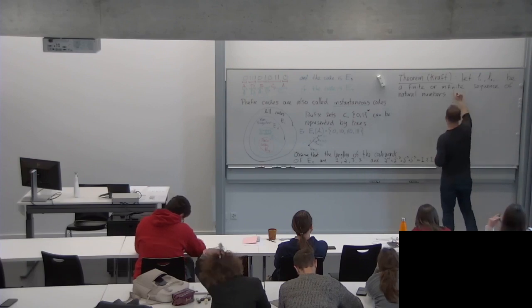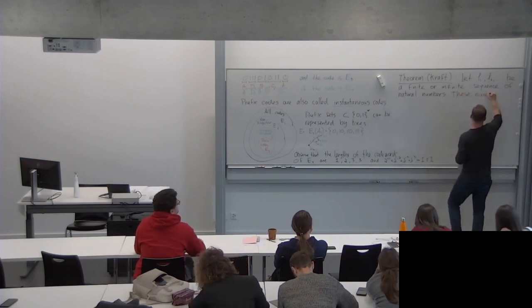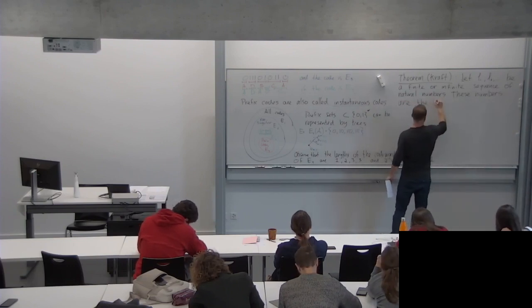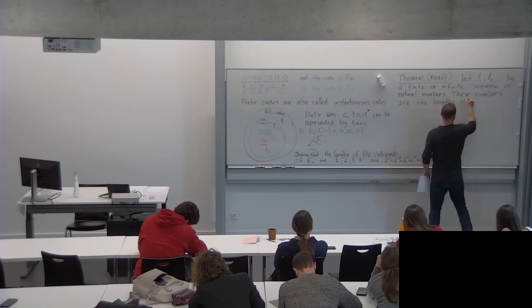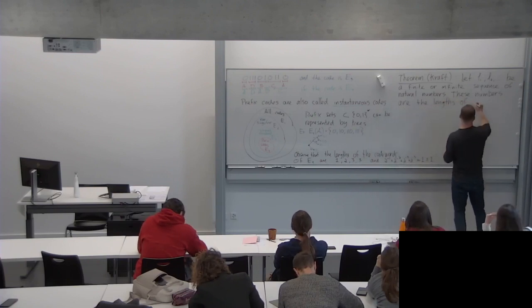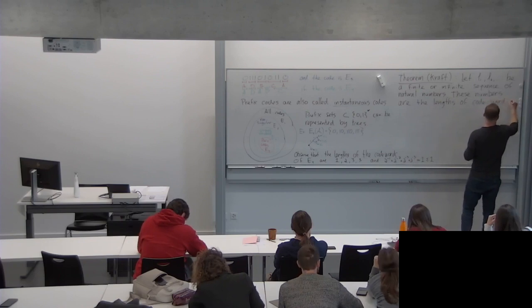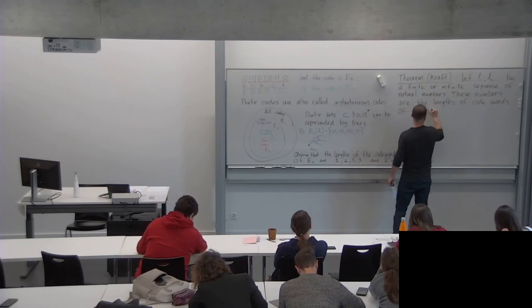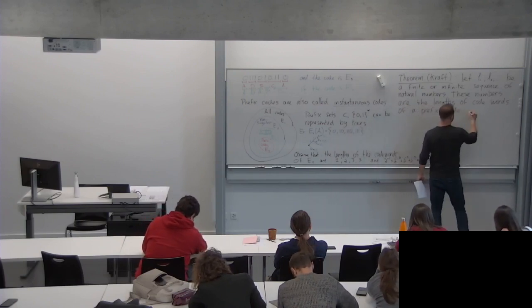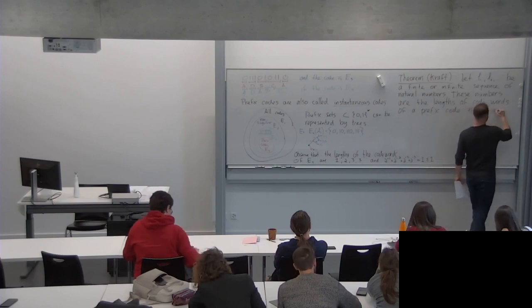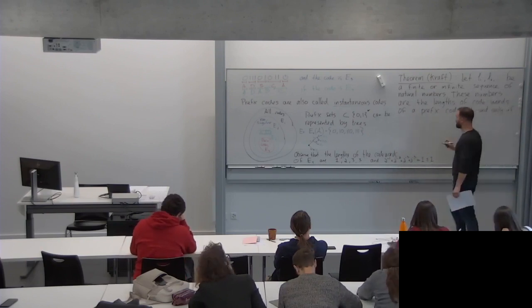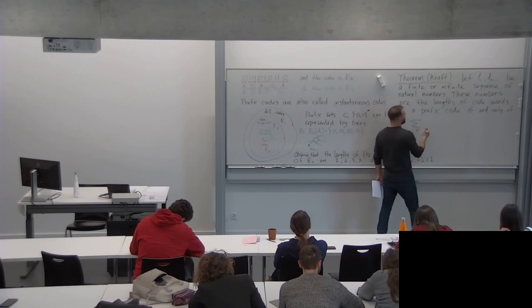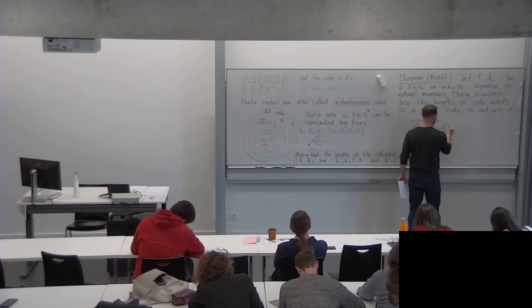These numbers are the lengths of code words of a prefix code if and only if the sum over all n, either finite or infinite, of 2 to the minus ln is smaller or equal to 1.